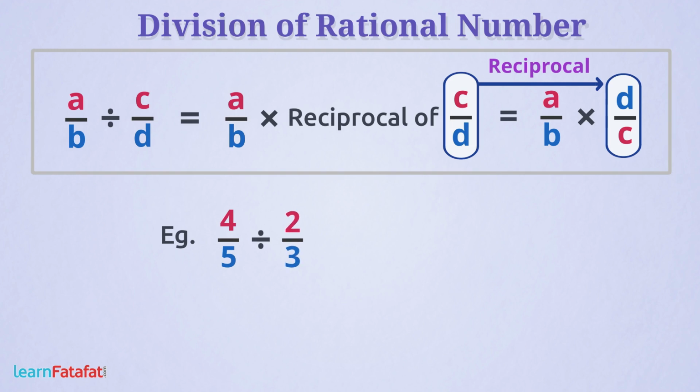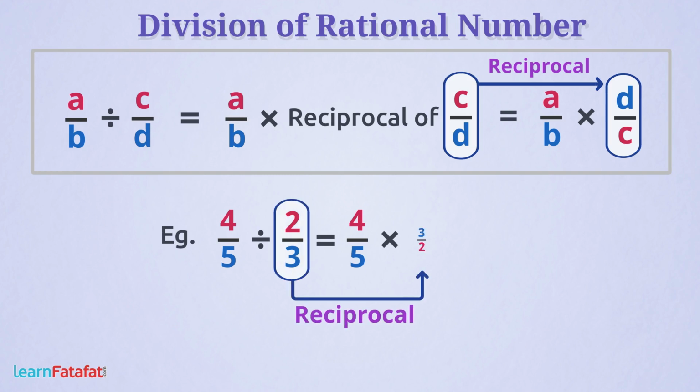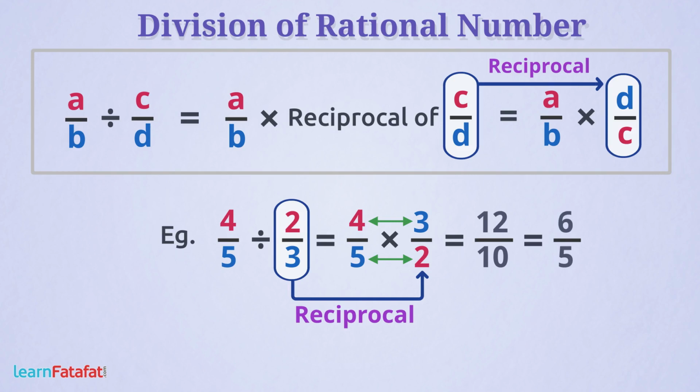The division problem can be converted into a multiplication problem by taking the reciprocal of 2 by 3 as 3 by 2. Product of numerators gives the numerator of the resulting fraction and product of denominators gives the denominator of the resulting fraction. Further simplifying this fraction, we get the answer 6 by 5.